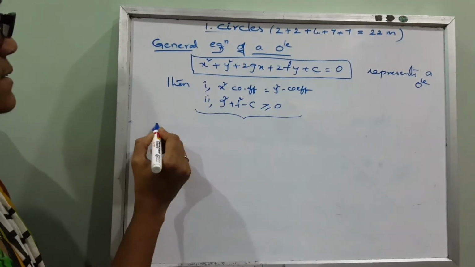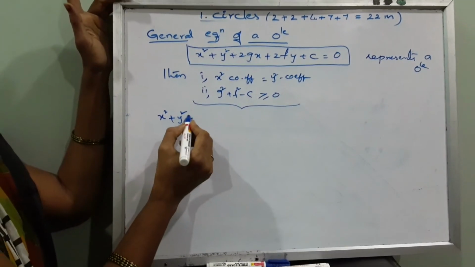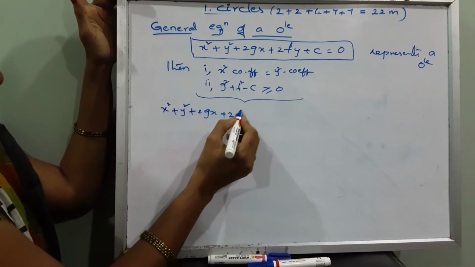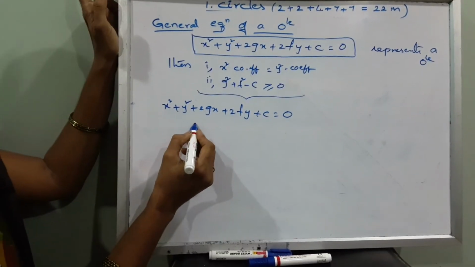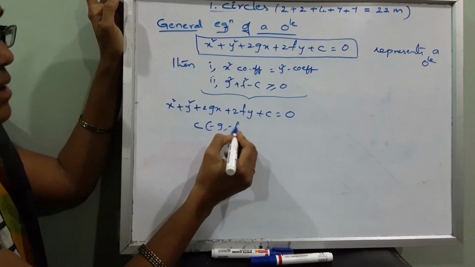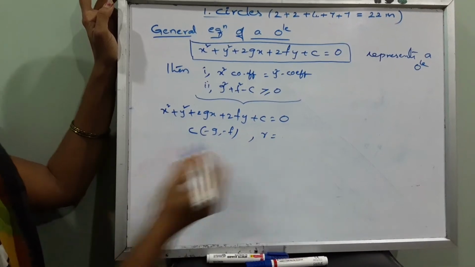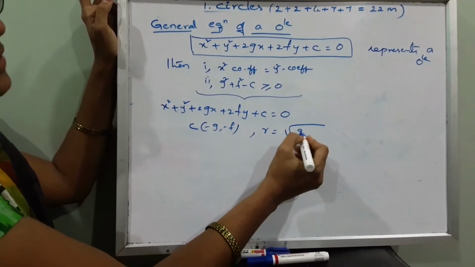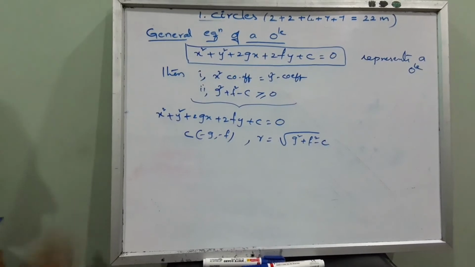Now here, the general equation of a circle is x square plus y square plus 2gx plus 2fy plus c is equal to 0. Here the center is denoted by C, minus g comma minus f, and the radius is denoted by r. Radius is defined as under root g square plus f square minus c.